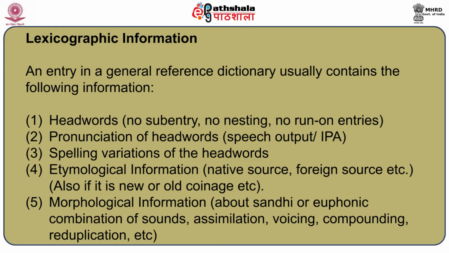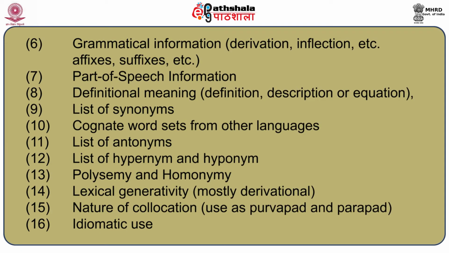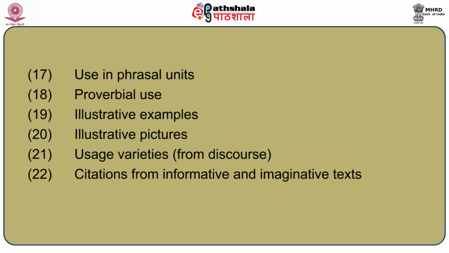Pronunciation of headwords, which may be in IPA or audio output, spelling variations of the headwords, etymological information, native source, foreign source, morphological information, grammatical information, part of speech information, definitional meaning, list of synonyms, cognate word sets from other languages, list of antonyms, list of hypernyms and hyponyms, polysemy and homonymy, lexical generativity, nature of collocation, idiomatic usage, use in phrasal units, proverbial usage, illustrative examples, illustrative pictures, usage varieties, citations from informative and imaginative texts.